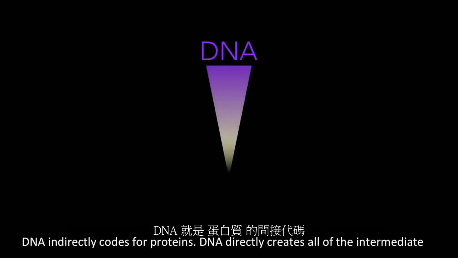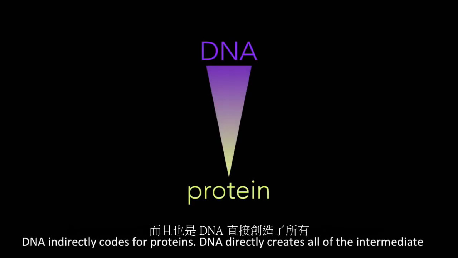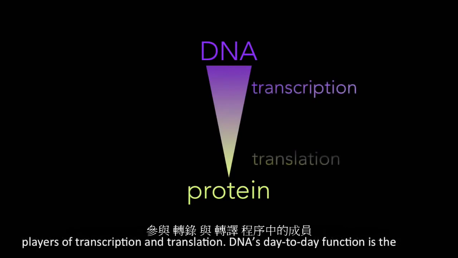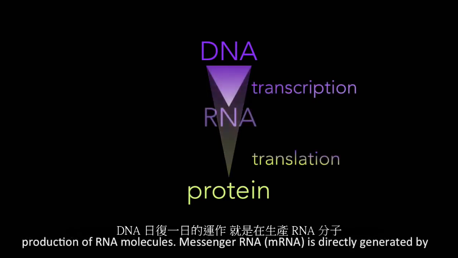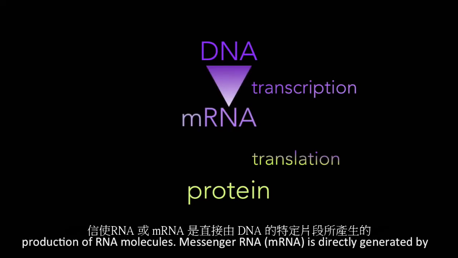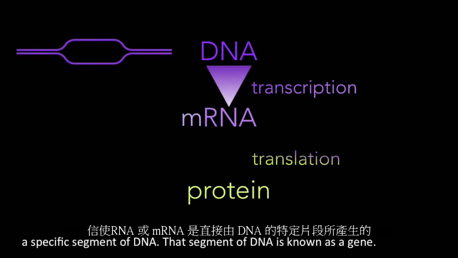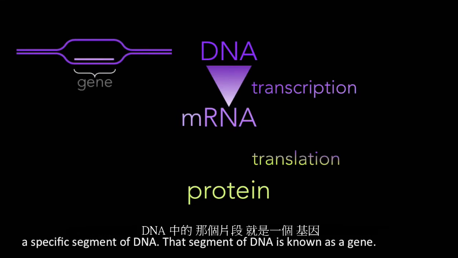DNA indirectly codes for proteins. DNA directly creates all of the intermediate players of transcription and translation. DNA's day-to-day function is the production of RNA molecules. Messenger RNA is directly generated by a specific segment of DNA. That segment of DNA is known as a gene.